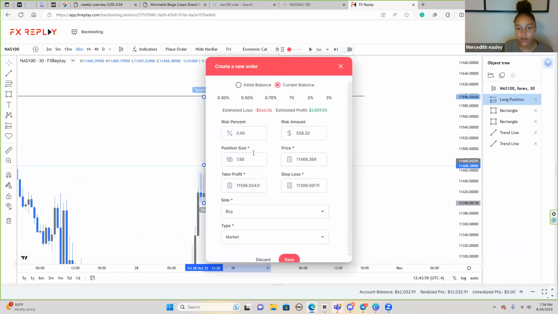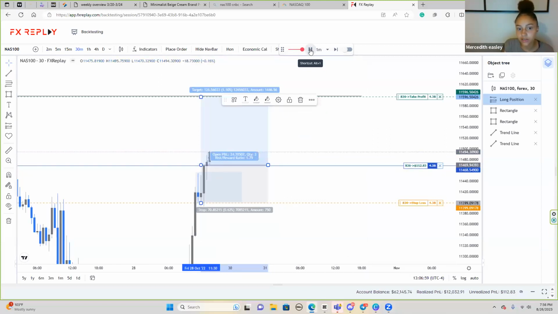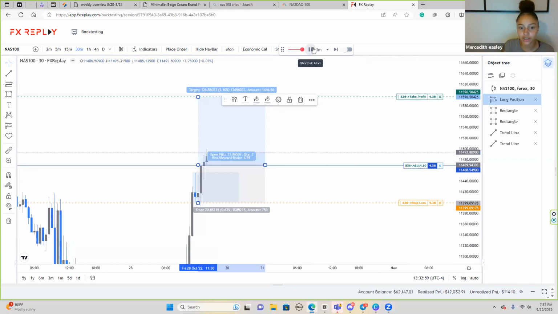Go to place order, and based on your lot size, it'll tell you how much you would make and how much you would lose. Or you can say, I want to risk 0.5% of the account, and then boom. Then you can speed it up and look at that. It literally shows you you're in profit. It's a really cool way to back test your strategy.